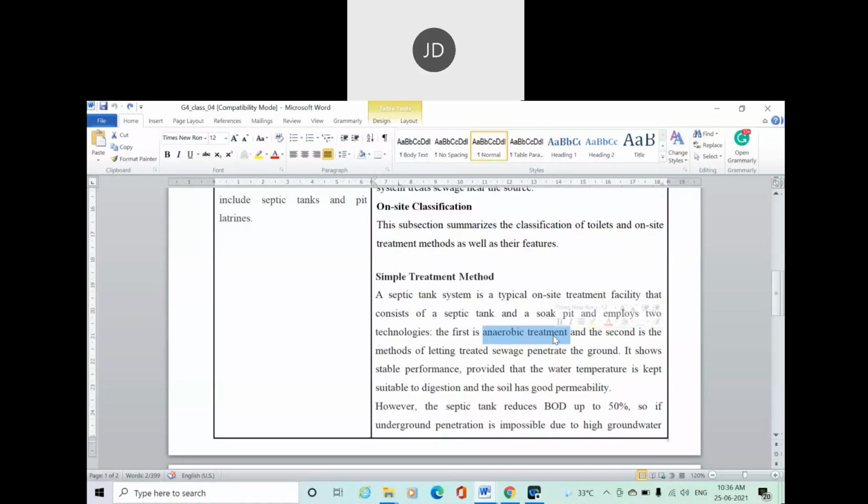So in case of anaerobic treatment, what happens? The solid waste coming from the latrine or toilet to the septic tank, the large solid matters are broken down into smaller parts by the bacteria. Basically, they are known as anaerobic bacteria. They decompose the waste, and finally they settle at the bottom of the septic tank.